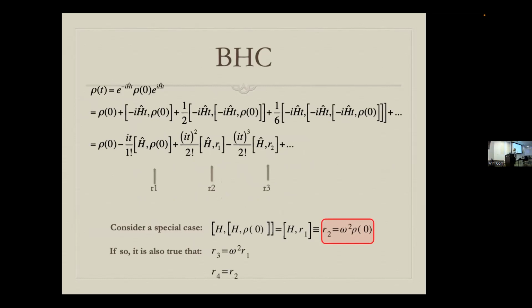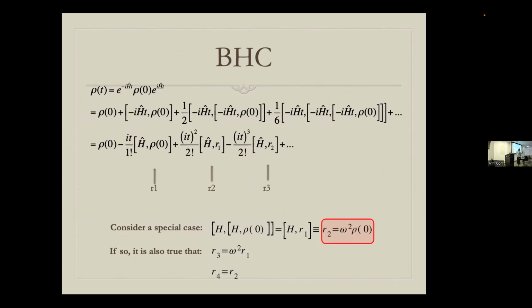Now, let's take the presupposition that we're working with, that R2 is omega squared times rho naught. If that's true, then R3 has to be omega squared R1, and R4 has to be omega squared R2. There should be an omega squared there.